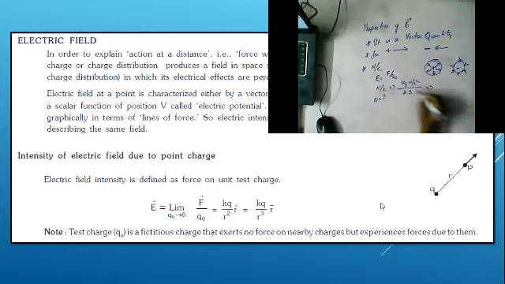So we can write this as kg meter per A second cube. Or simply it is Newton per Coulomb. This is the unit in terms of individual base units.